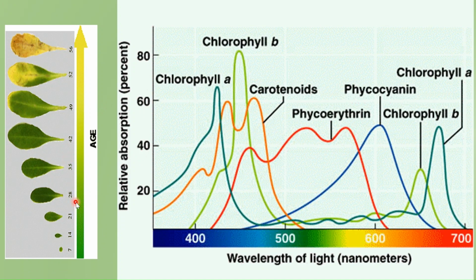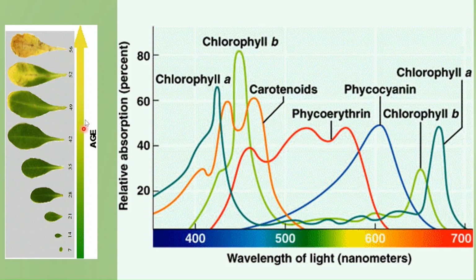On the left hand side we have an image which shows the change in color with the age of the leaf. Here we can see as the leaf grows, the dominating color is green, but during its senescence the color changes into yellow and then eventually towards a reddish color. This mainly happens because during its growth the dominating pigments are chlorophyll A and chlorophyll B, which have strong absorption in the blue and the red wavelength, giving strong reflectance in the green.